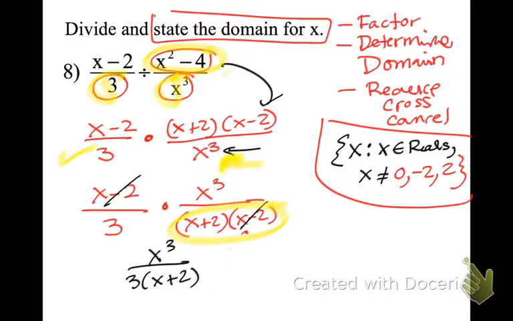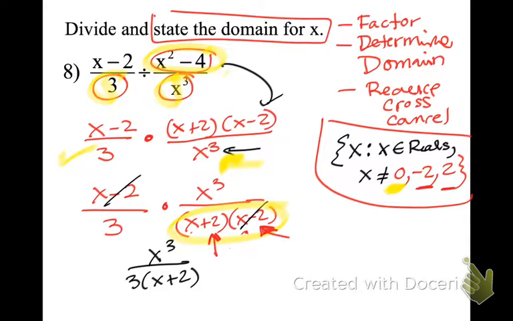What would x have to be, Amani, to give a 0 here? A 0. 0 cubed is a 0. So that's my first one. What would give me a 0 right here? What plus 2 equals 0? Good, that's right here. What would give me a 0 right here? Positive 2, that's right here.